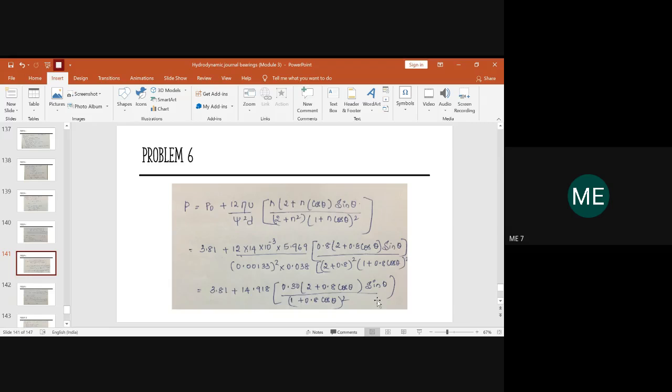Once you have reached this part, I will tell you what to do. Kindly inform once you have reached this equation, the third one.